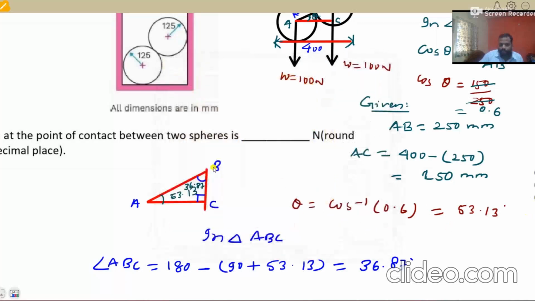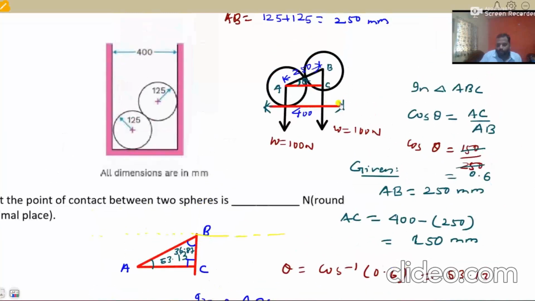Now, when I make a diagram of this sphere, the first work was to give the vertical weight, that is vertically downwards. Now, what are the different forces or reactions acting on this sphere?